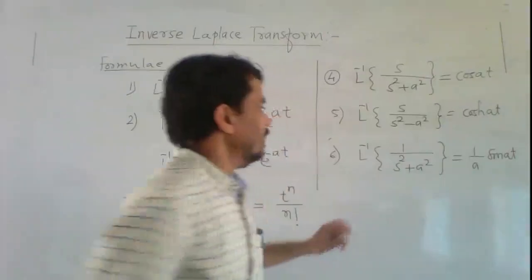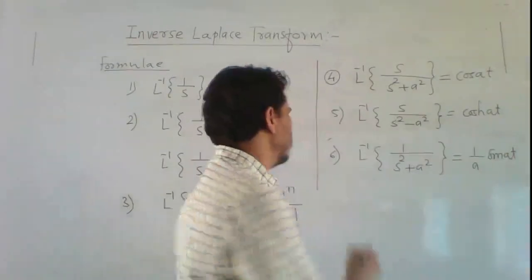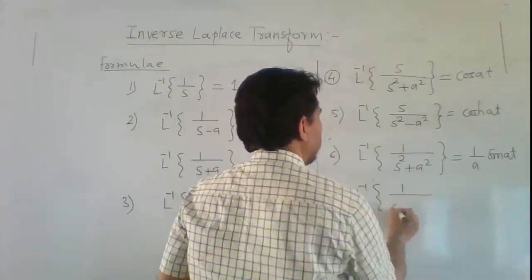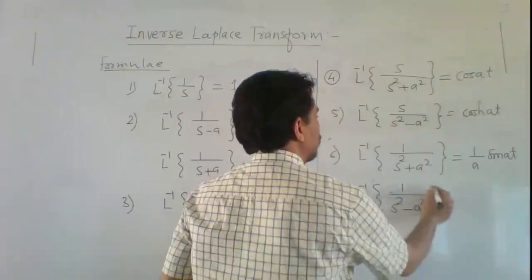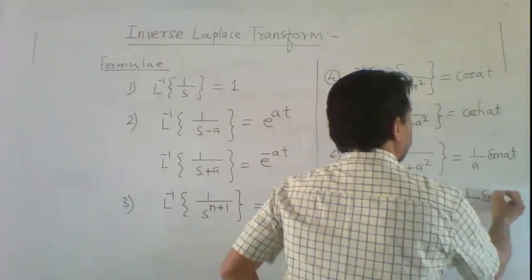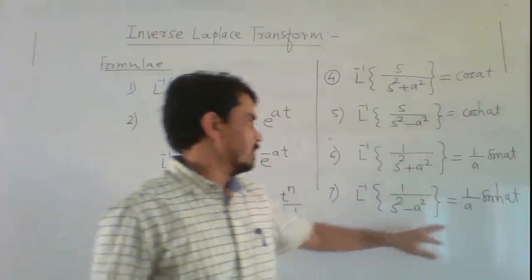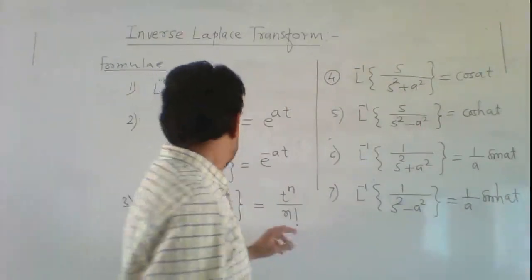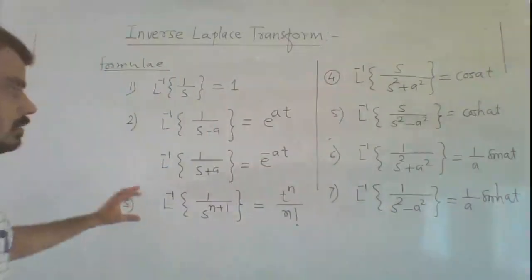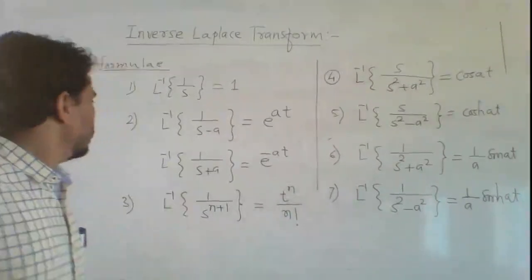So if the numerator is constant 1, then there is 1 by a sin at. L inverse of 1 upon s square minus a square is equal to 1 by a sinh at. This is the sine hyperbolic function. So these are some elementary formulas of inverse Laplace transform.